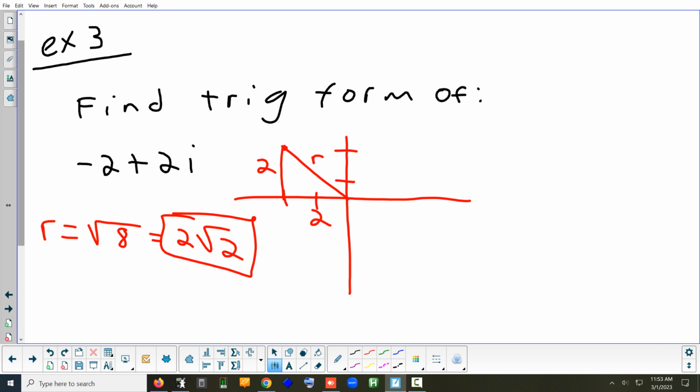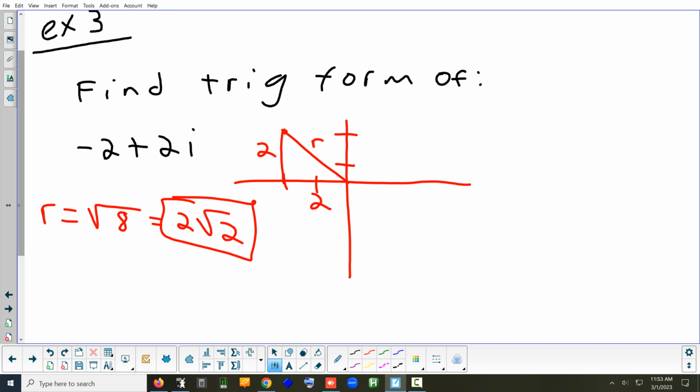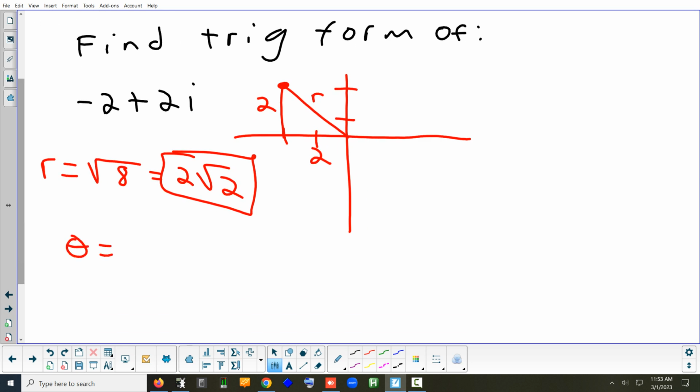What's the other thing that we need to find? Theta. And what quadrant is this point in? 2. What did we say on the other page? The formula to find the angle in quadrant 2 is theta equals 180 plus inverse tangent y over x. I'm going to do degrees just for this one. It doesn't matter, but I'll do degrees.